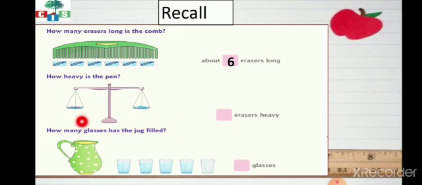So here, if you see, there are 2 erasers. Third, how many glasses has the jug filled? If you see here, there are 5 glasses, but 4 glasses are filled. So 4 we will write. Now let's move on.